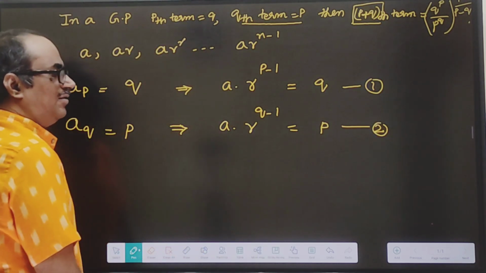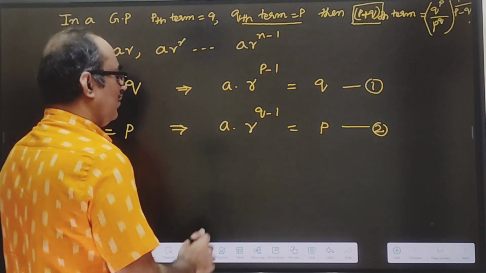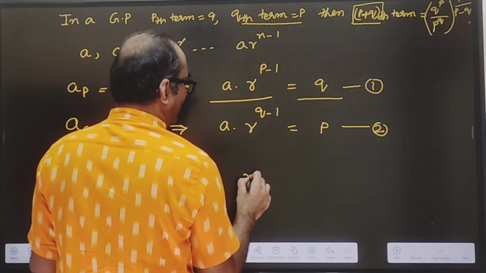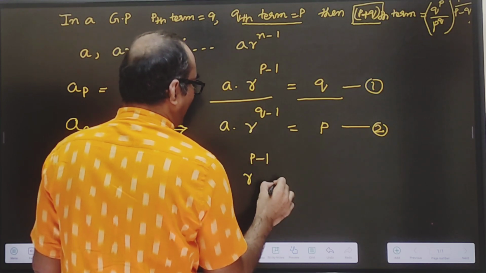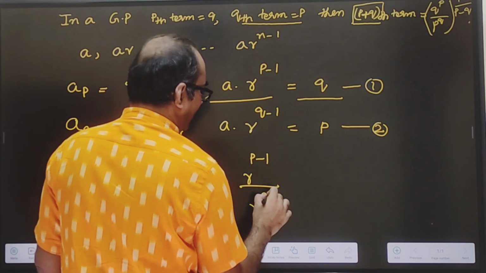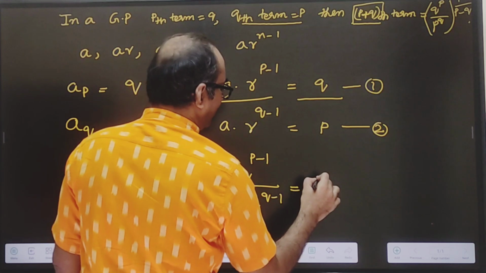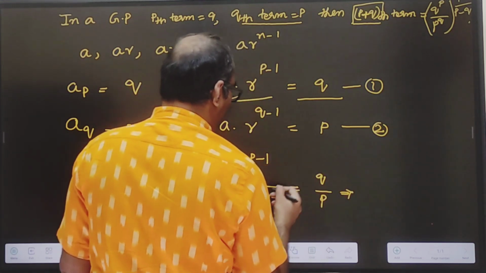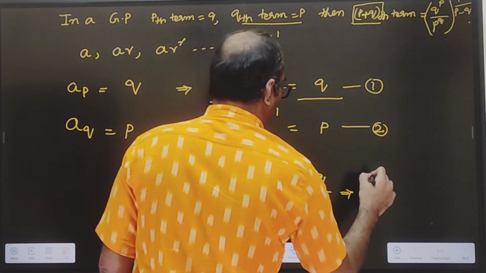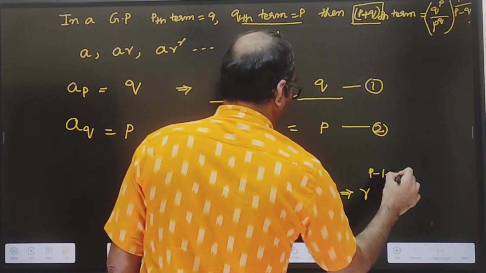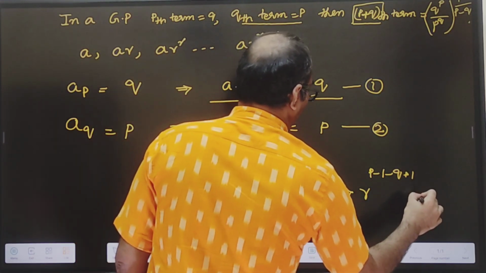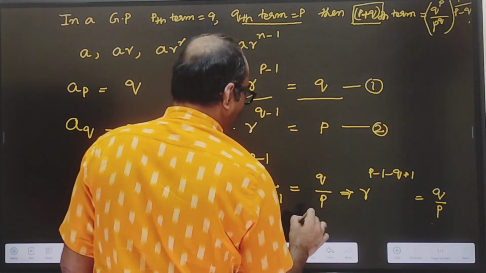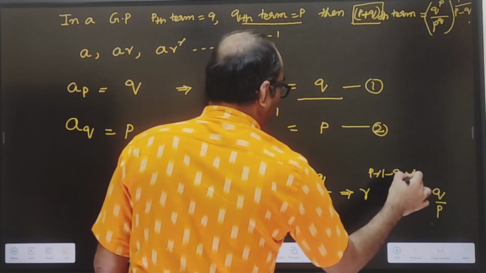Now let's first try to find out the r value. For that, we will divide 1 by 2 and we will see what happens. a and a will cancel. We will have r to the power of p minus 1 divided by r to the power of q minus 1 equals q by p. Simplify that. We will have r to the power of (p minus 1 minus q plus 1) equals q by p, so the minus 1 and plus 1 will cancel.